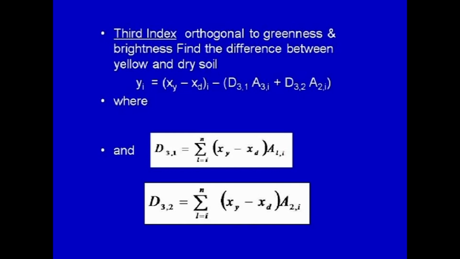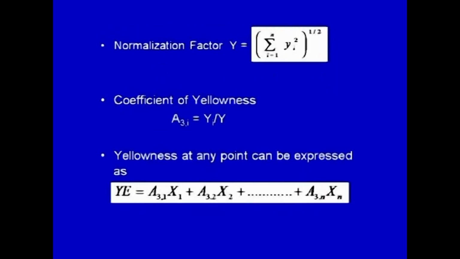Now we define two coefficients D31 and D32 in a similar manner as was defined in the previous case when we were looking at greenness. Having done this, we can now work out the normalization factor Y and determine the coefficients of yellowness and find out the yellowness at each of the points.